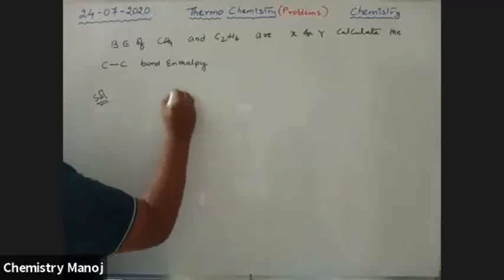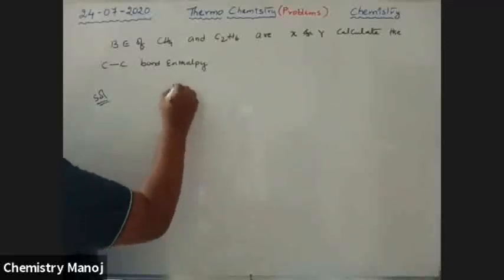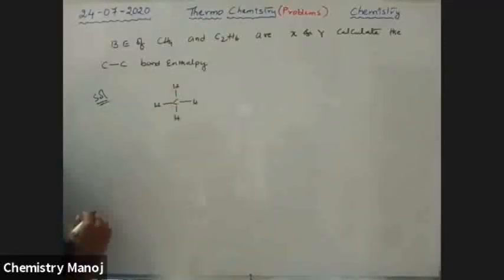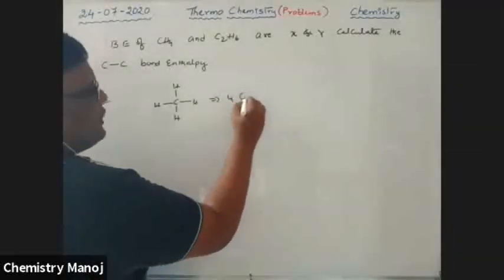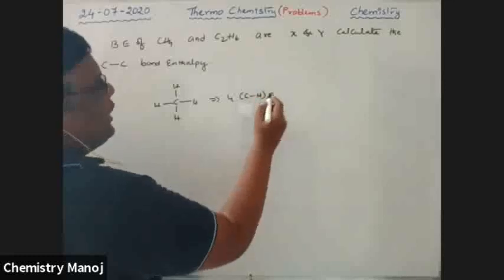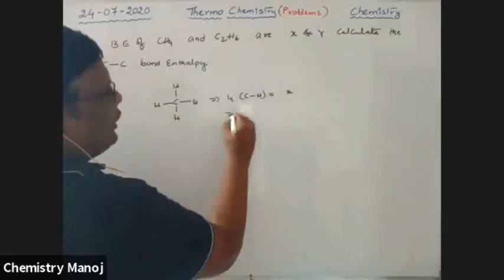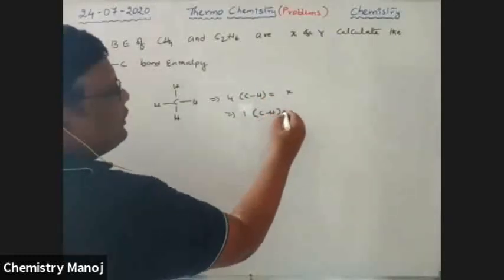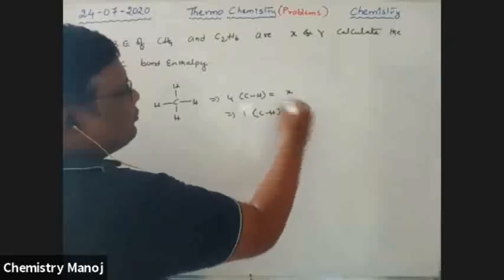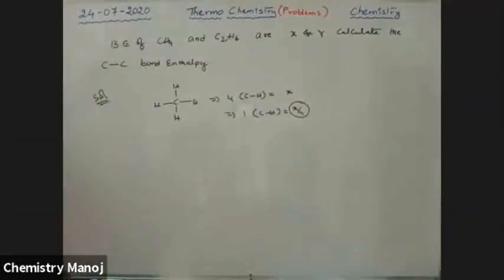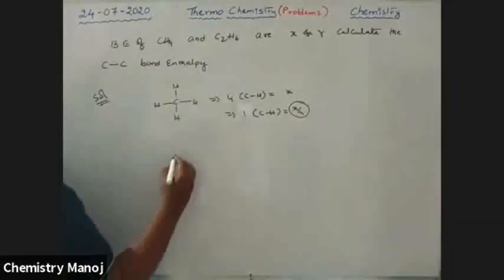See here. Methane, that is CH4. There are 4 bonds. So therefore, 4 CH bond enthalpies' value is equal to X. That implies 1 CH bond enthalpy is equal to X by 4. Next, ethane.